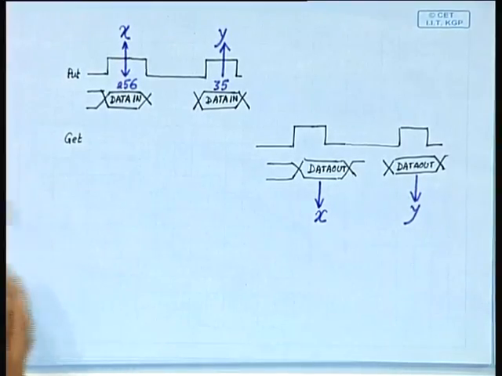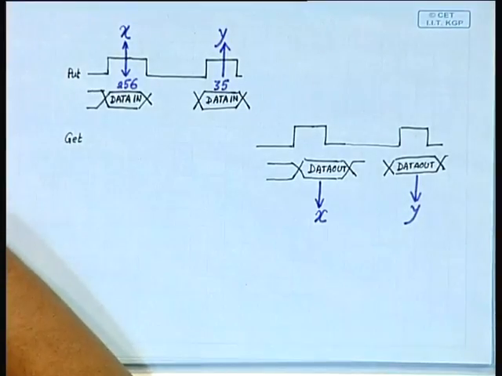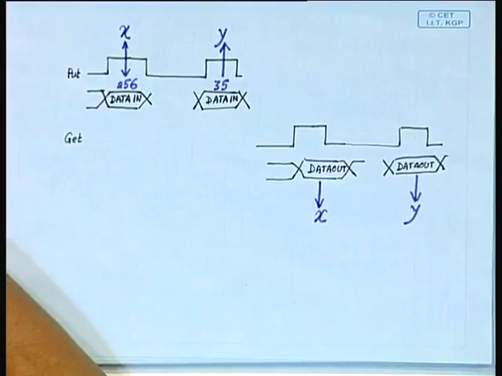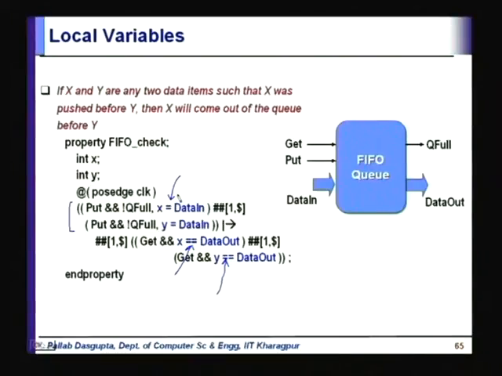Now, see, typically there can be lots of data that is going into the queue all the time, right, and there will be lots of data which is coming out of the queue all the time during the use of the queue. Then which x is going to get stored? So, actually what will happen is that for every value that is pushed in, there will be one copy of x which will represent this, right.